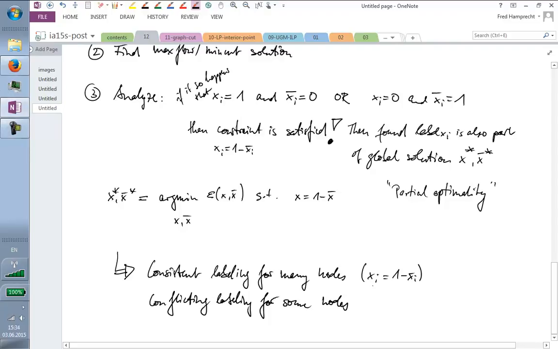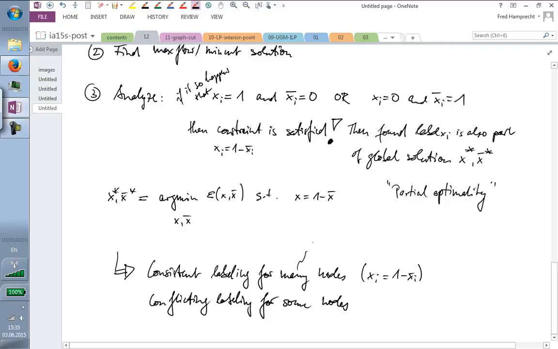We are trying to solve an NP-hard problem, so our polynomial time heuristic here, or relaxation, is not going to give us the correct or consistent solution every time, but it depends on the application.